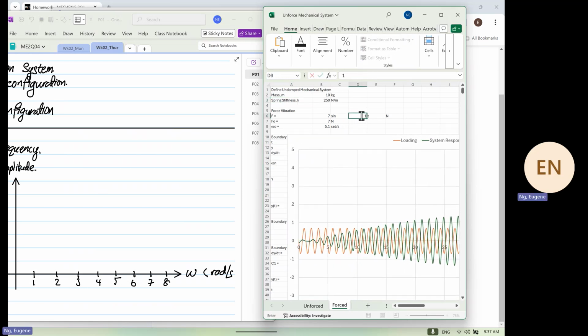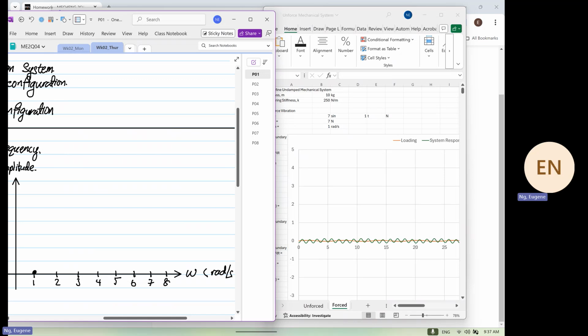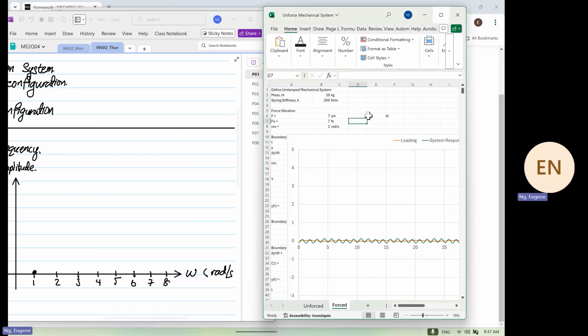Okay. If I put 1, right, the thicker line is the system's response. And when I put 1, right, we can say that this is as good as over here. Am I right? So this 1 that I put is a disturbance. So I put a disturbance into the system.